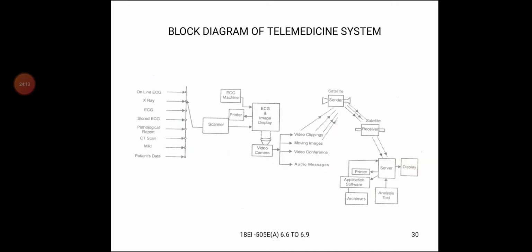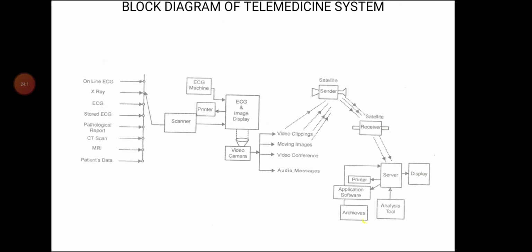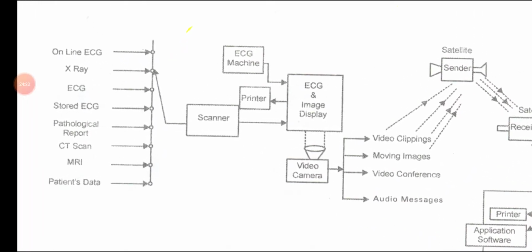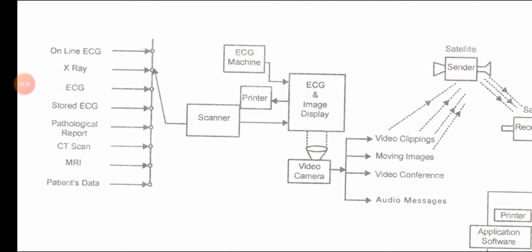In the slide, the block diagram of the telemedicine, we can see it contains online ECG, X-ray, stored ECG, pathological report, CT scan, computer aided tomography scan, MRI, magnetic resonance imaging, and patient's data.